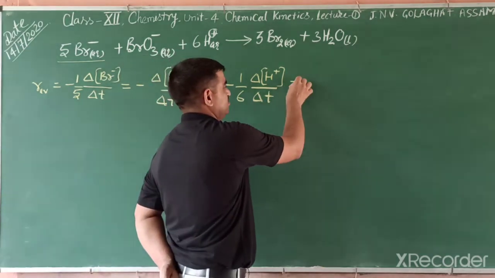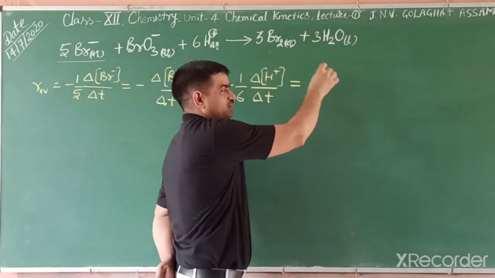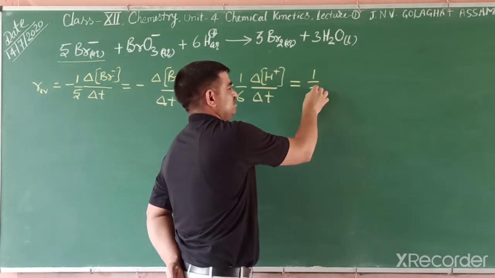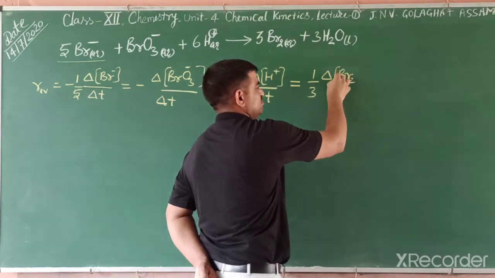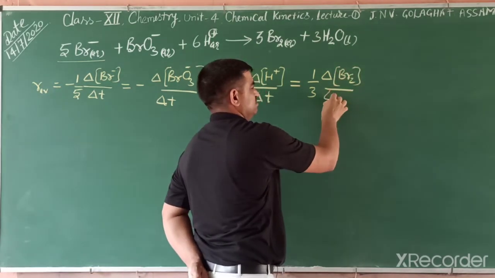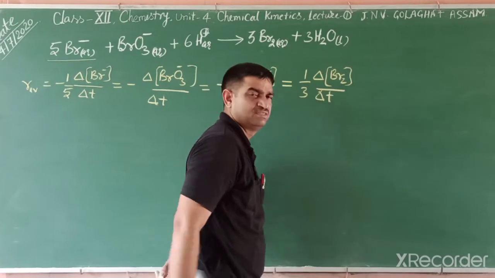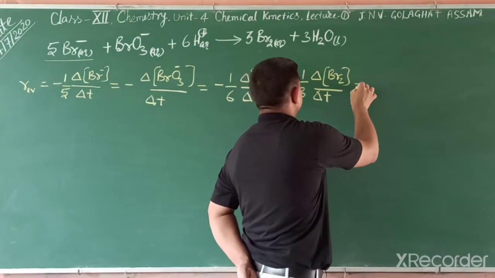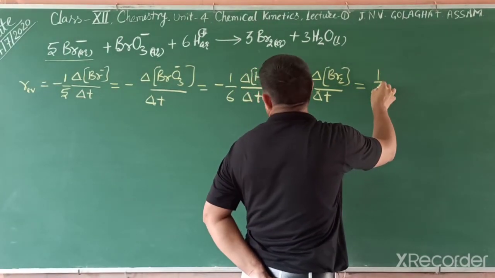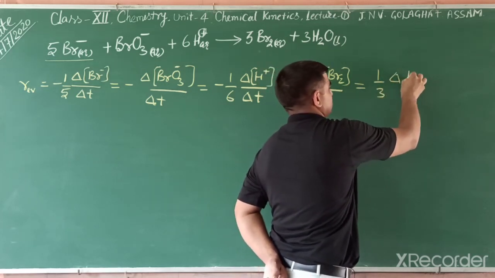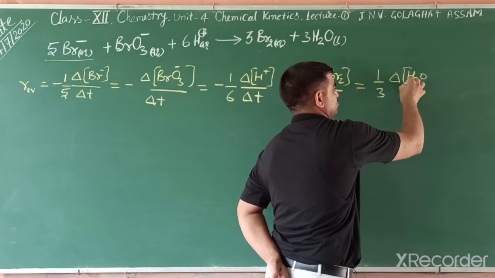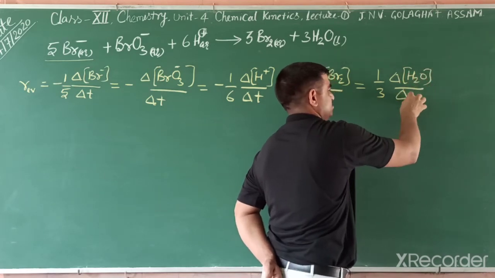The other one is equal to the product bromine, 1/3 change in concentration of bromine divided by delta t, is equal to 1/3 delta [H2O] divided by delta t.